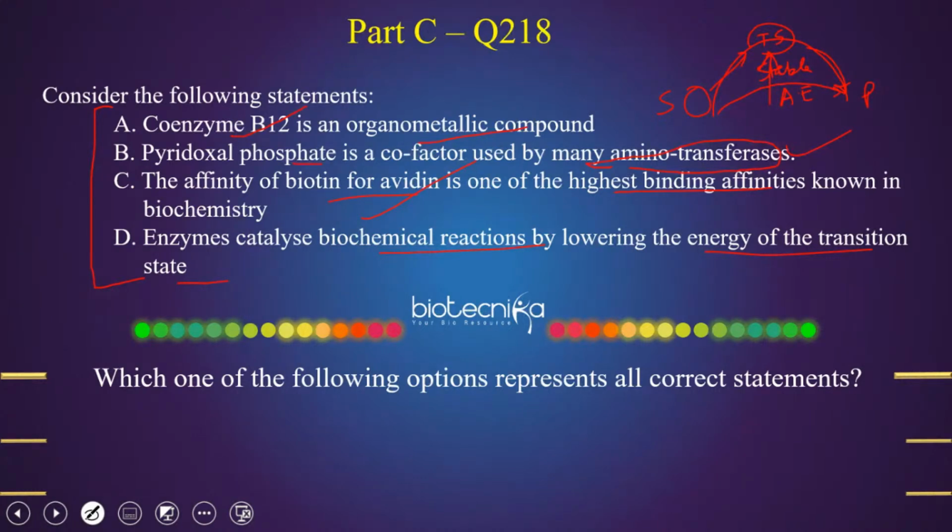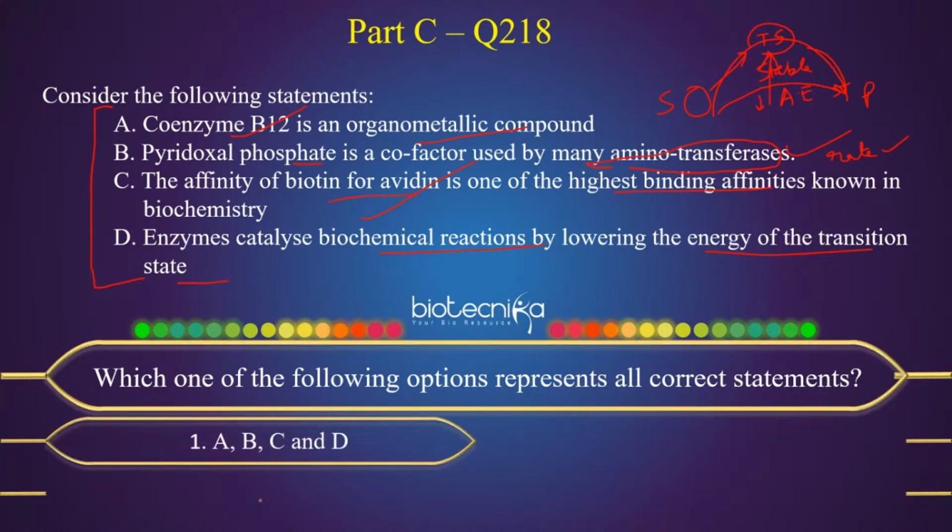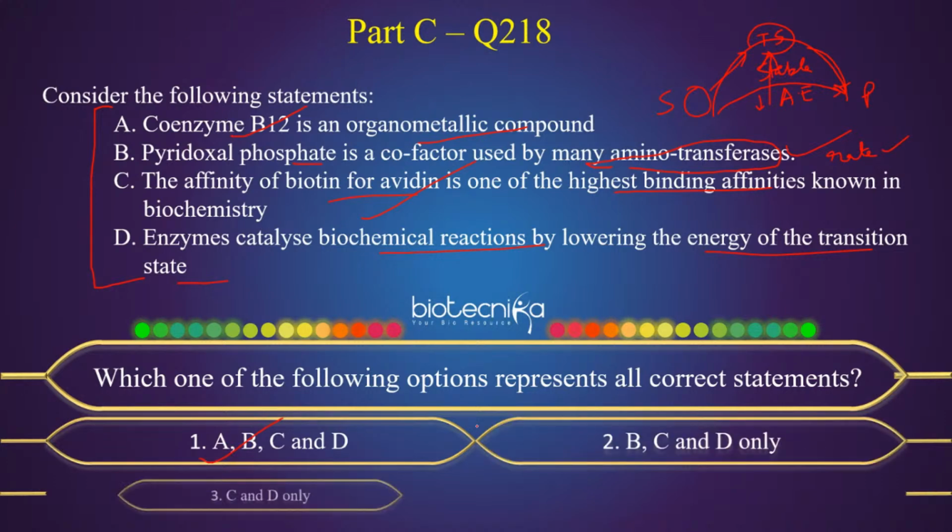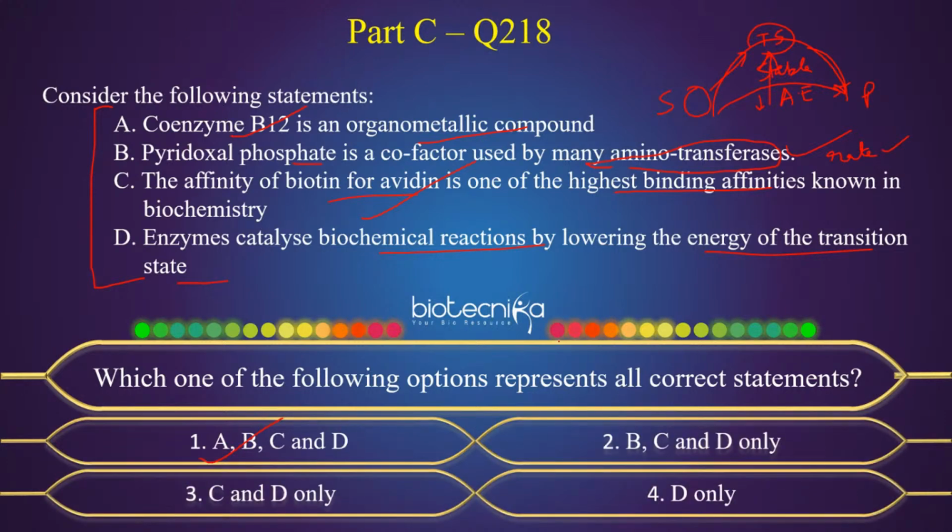Enzymes lower the activation energy, so more substrates get converted into product. So it increases the rate of reaction. Even this is a correct statement. All statements A, B, C, D are correct. That is why the correct answer is option 1.